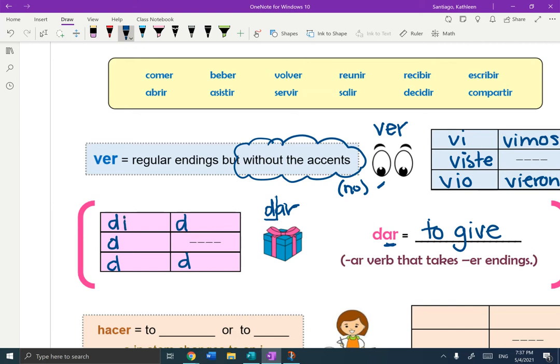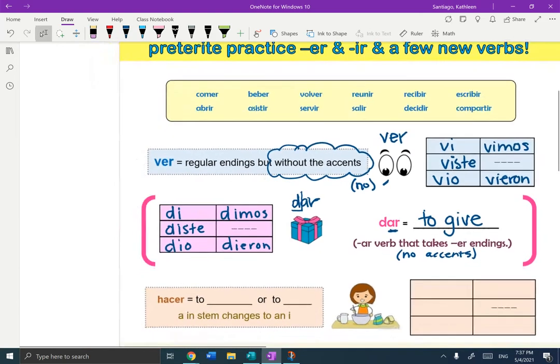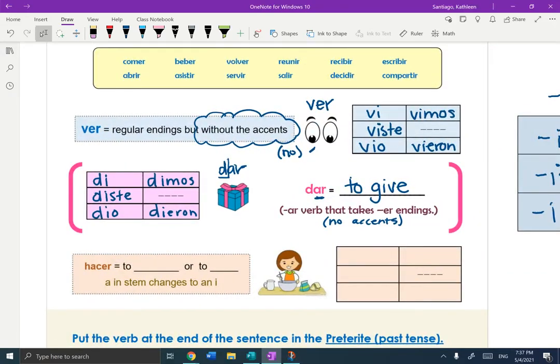So di, diste, dio, dimos, dieron. Okay, so again, take an AR verb that takes the ER, IR endings, no accents. Okay. So we've got ver and dar.